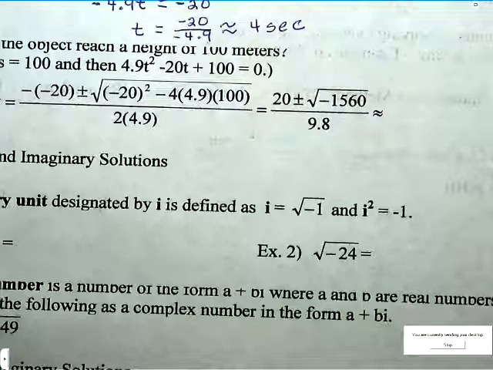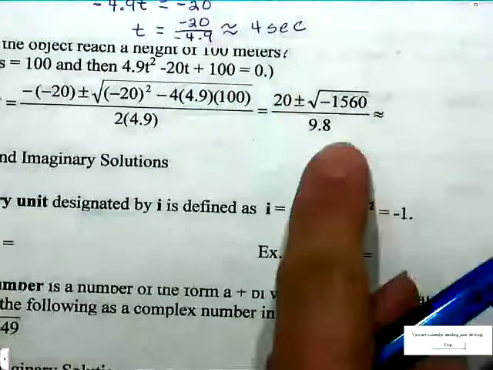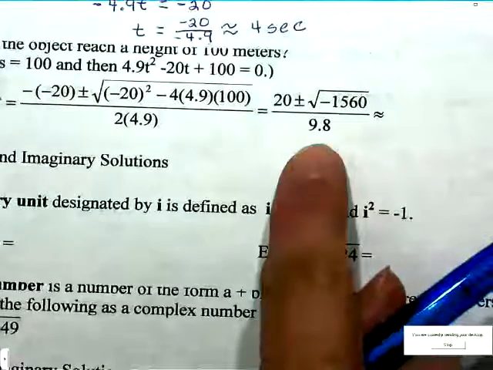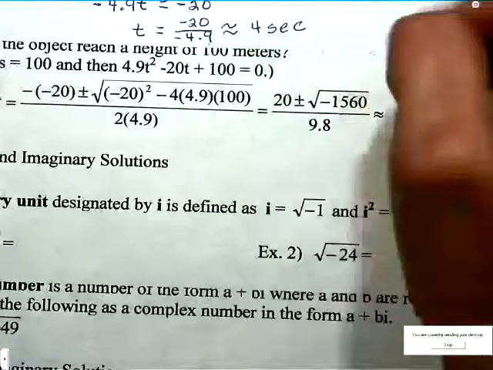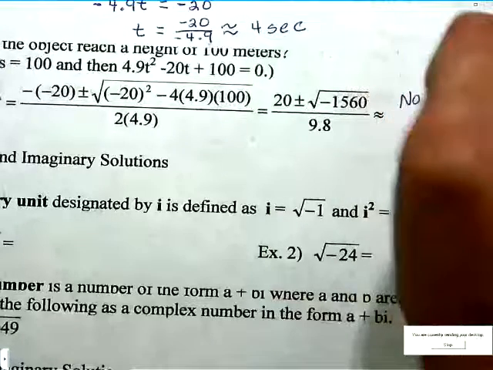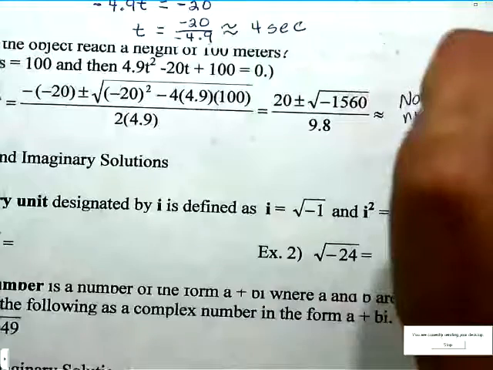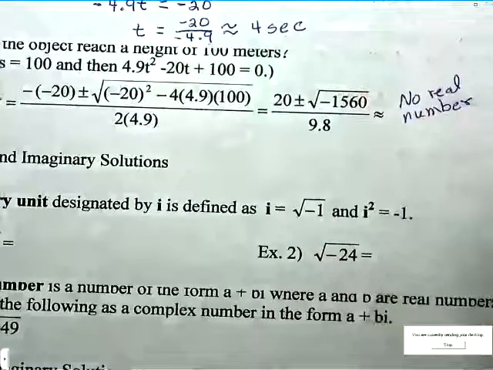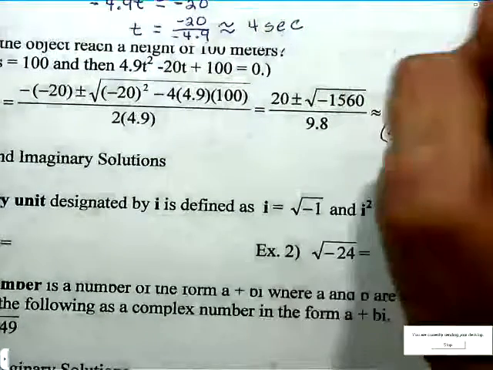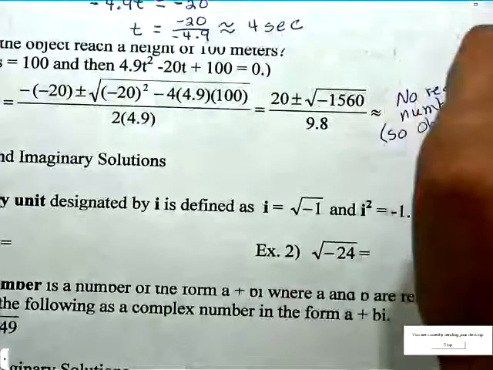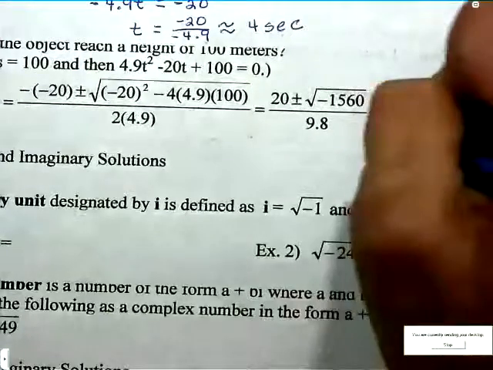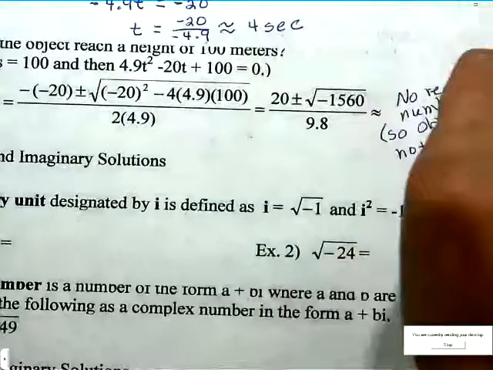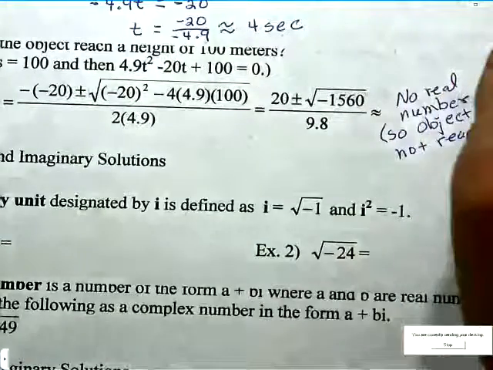It's not going to go that high. And we found out because the quadratic formula gave us an imaginary solution. So the object will not reach 100 meters. It's just not going to go that high.